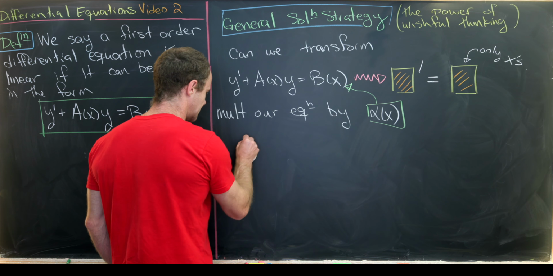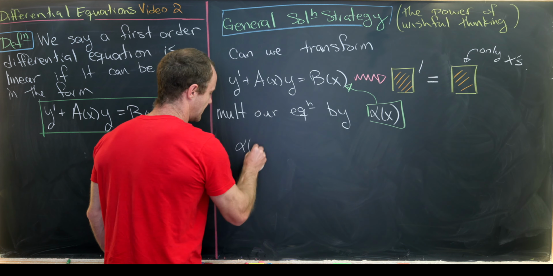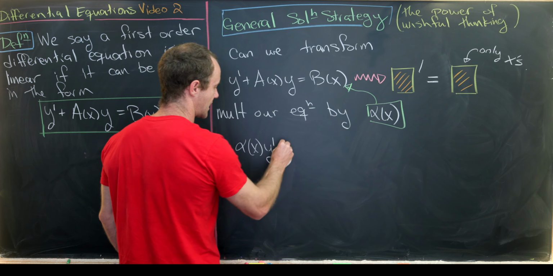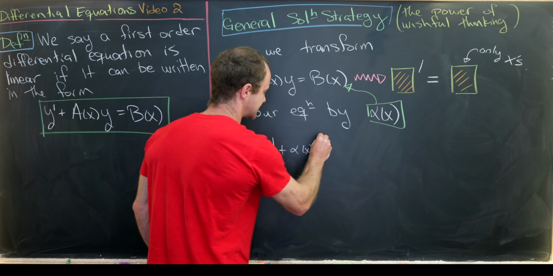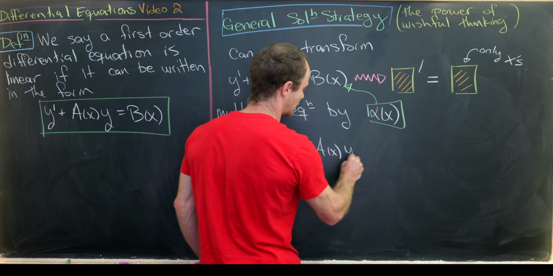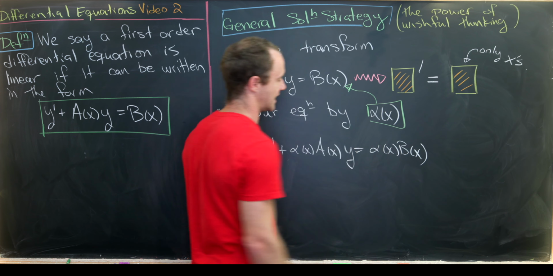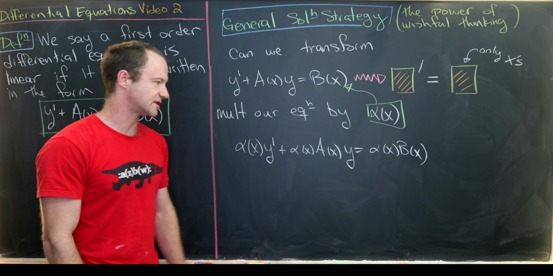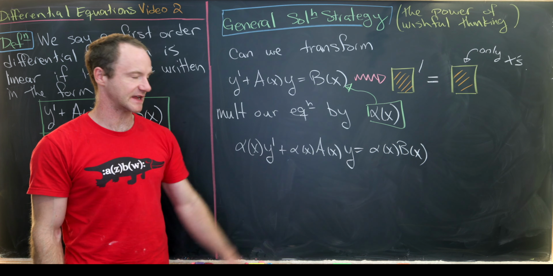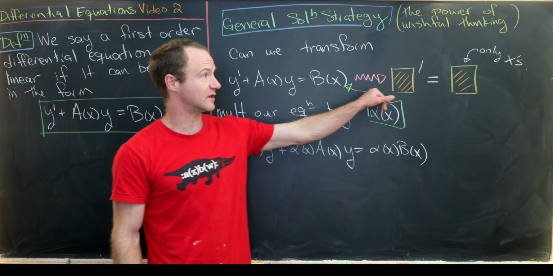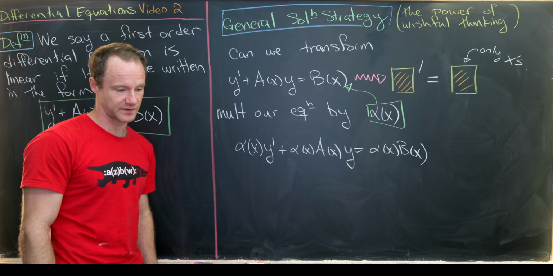That makes this look like alpha of x y prime plus alpha of x times a of x times y equals alpha of x times b of x. Notice we've got all x's on the right-hand side. So this left-hand side is the thing that we want to be the pure derivative of something.